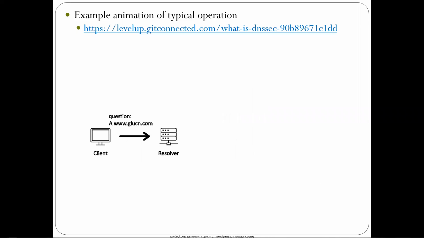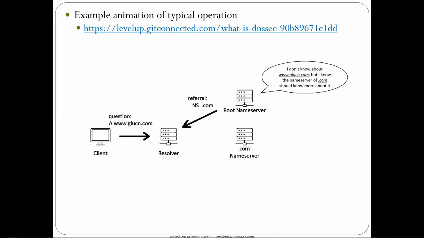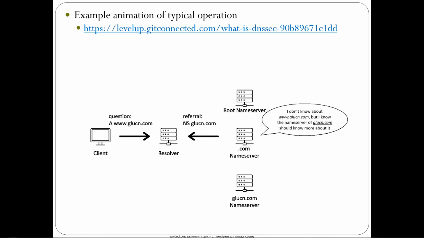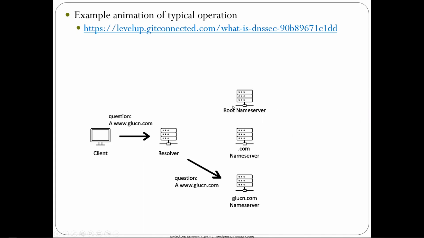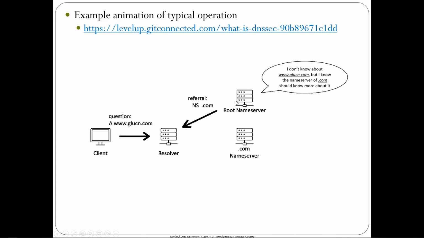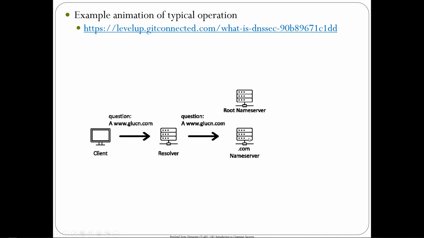Okay. So just replay this animation and see these NS. One of the things that's happening is the root server doesn't know this address. It only knows the authority for the .com name server. And so when you're asking for this name, the NS record for .com is what the root server sends back.